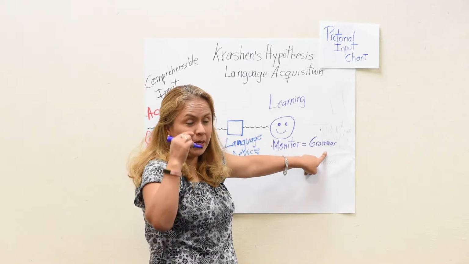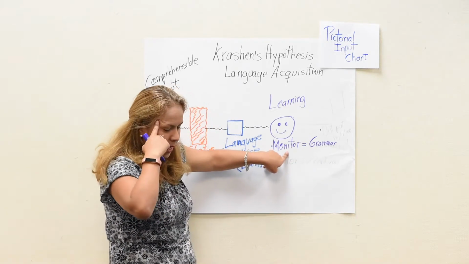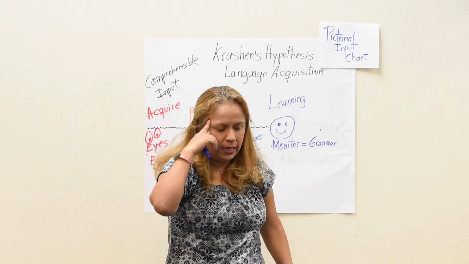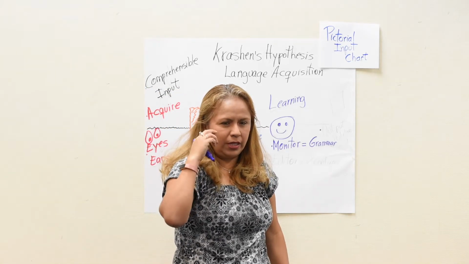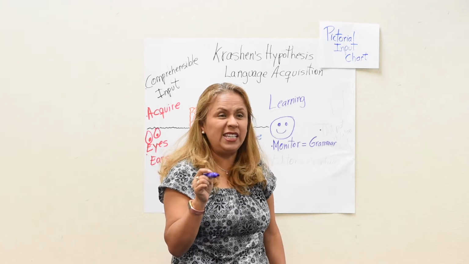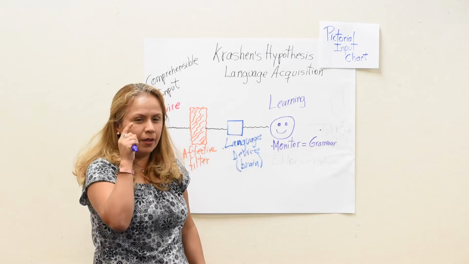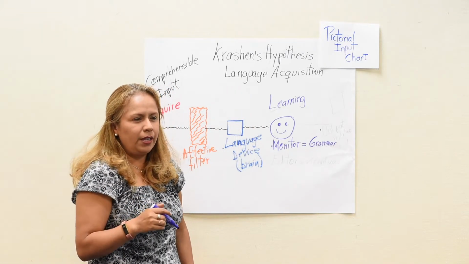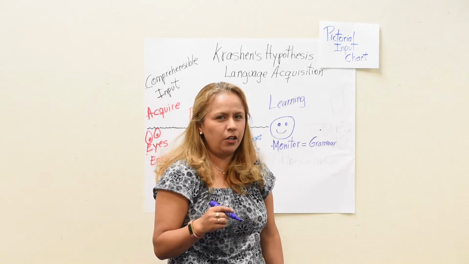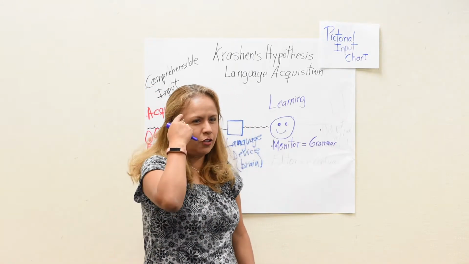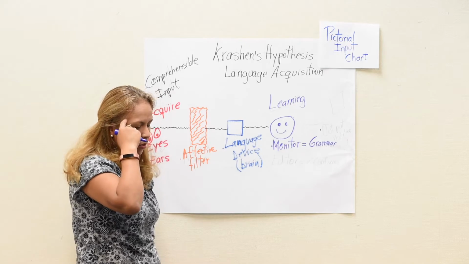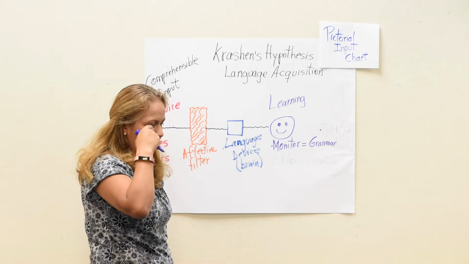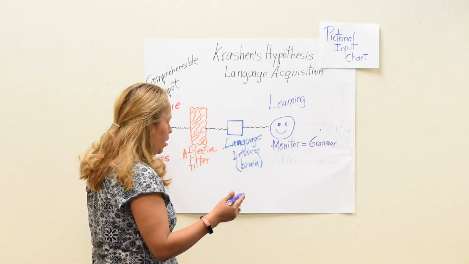And one of the pieces in your monitor can say, he says, he say, oh no, he says. Checking the grammar, or he didn't went, no, he didn't go. So in your monitor, according to Krashen, you are checking the correct grammar.